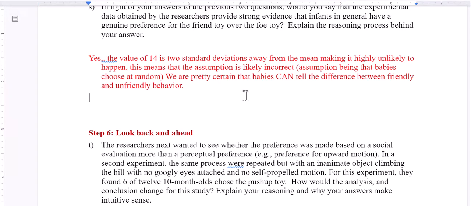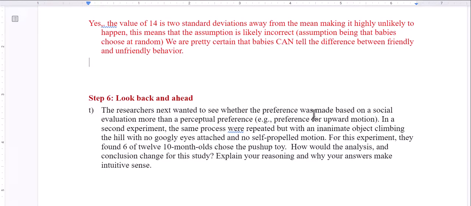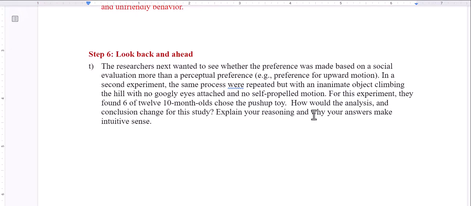You may run the study a little bit differently, change the shapes or remove the googly eyes so that they're not as cute, right? And they're not as likely to even pick a toy because they don't seem like a toy. So with a research study, observational study or experiment, oftentimes once you're done with the analysis, you get more questions. What else can you answer from that? So that's kind of what this is.